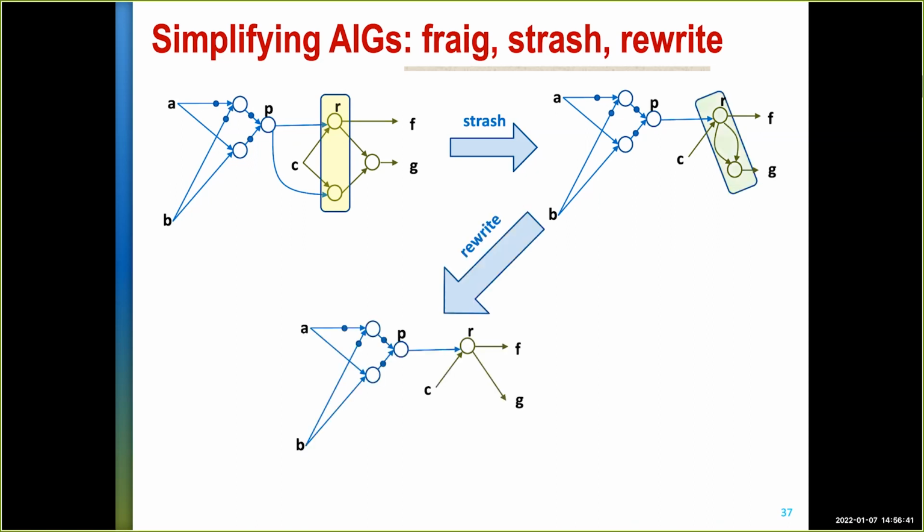And so when I rewrite it, that's what I get finally. So I started off from an AIG which was looking much bigger, much more complicated, but then I used strash, rewrite, FRAG in some sequence, and this is what I got finally. And this is still representing all the functions that were present in the earlier AIG, that is both F and G that were being represented by the earlier AIG.